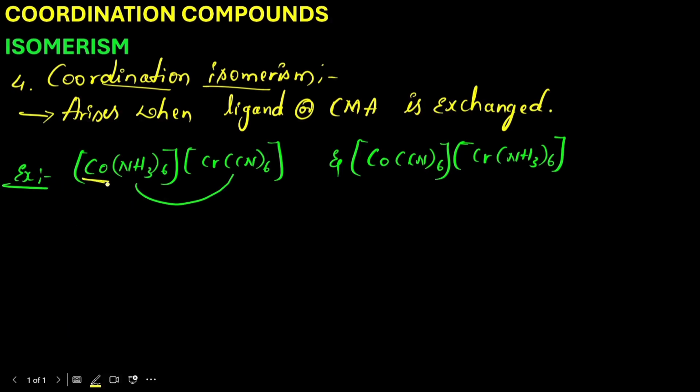In the first case cobalt is coordinated with 6 NH3 ligands, and in the second case cobalt is coordinated with 6 CN ligands. Again in the first case chromium is coordinated with 6 CN ligands, and in the second case chromium is coordinated with 6 NH3 ligands. Therefore these two are examples of coordination isomerism.